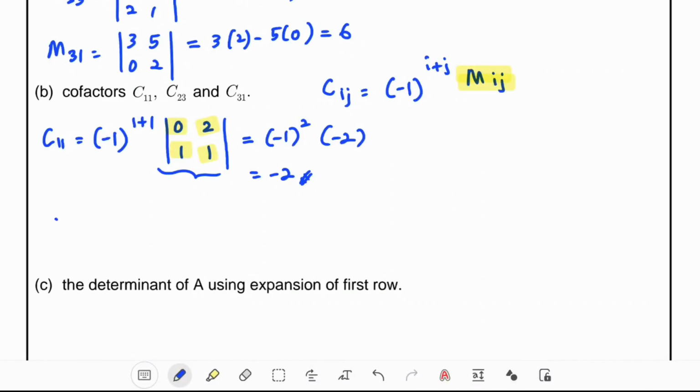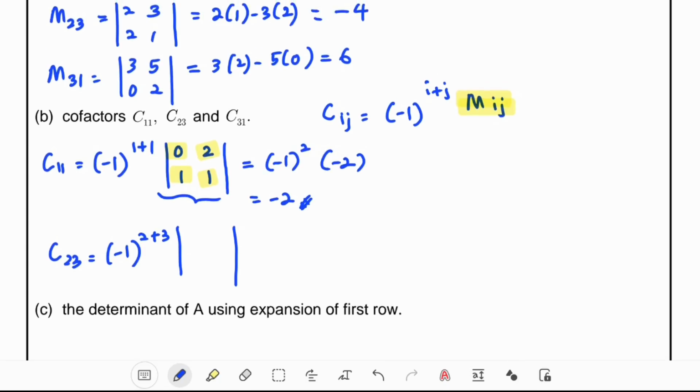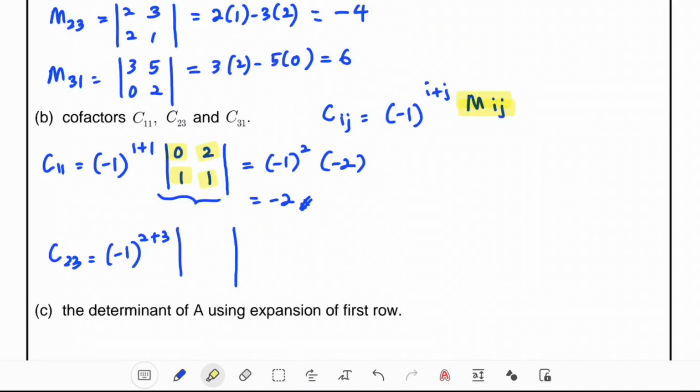Right, so C23. C23 is equal to negative 1 to the power of 2 plus 3 with its minor. The minor, after you delete the second row and the third column, is the same as what we have done before. Just copy it down here, and you will get negative 1 to the power of 5 multiplied with negative 4.